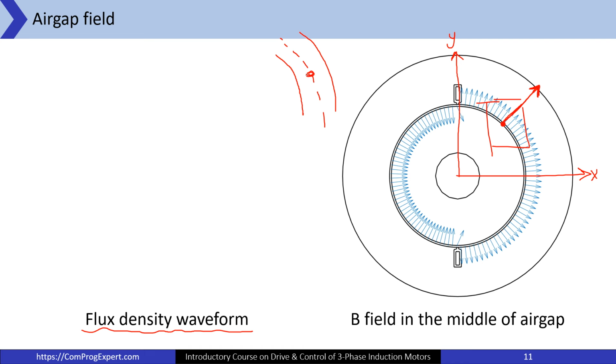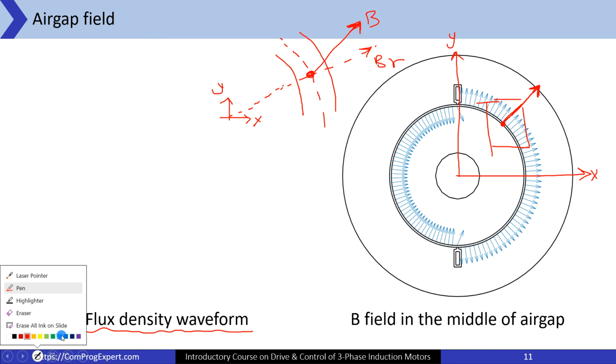So we have this B component, and we have this x and y coordinate system. If you draw a line here from the origin to this point and extend it, we can decompose this B vector into two components: the radial component Br and the tangential component.